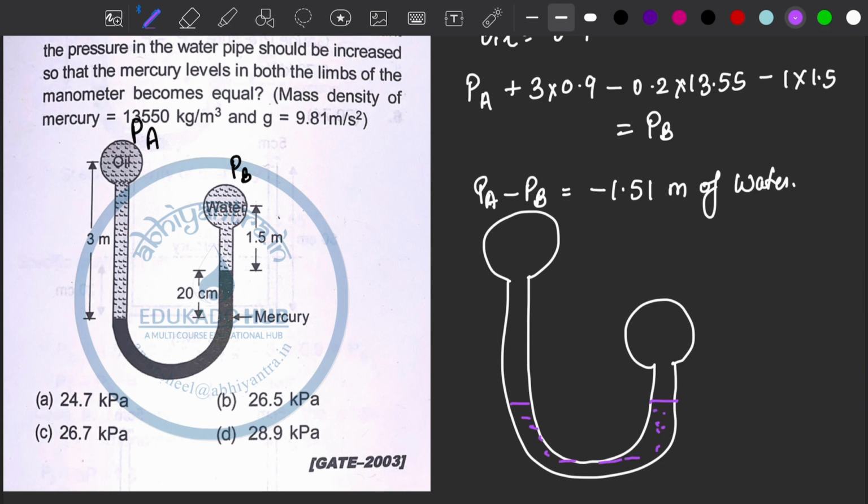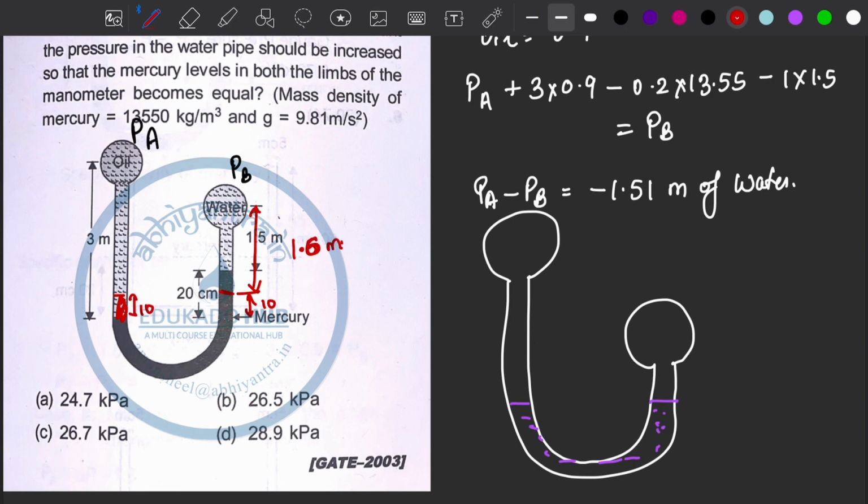When it becomes equal, mercury level is 20 centimeter here, so it should remain 10 here and it should go 10 up here, right? This much will be the mercury level. Now the water will be 10 centimeter means 0.5, so the new water level will be 1.6 meter.